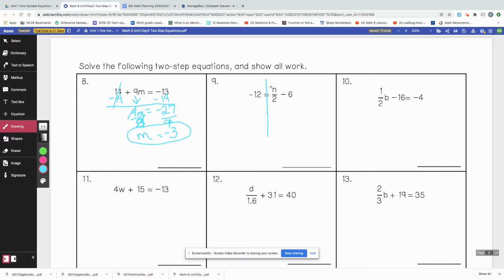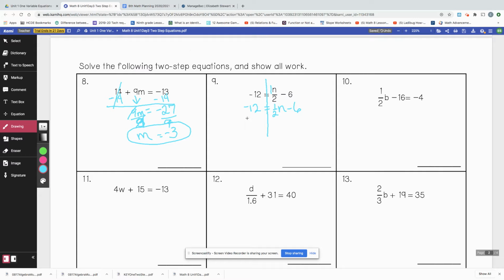Notice that's a 1n divided by 2. And I really like for students to think of it as 1/2 times n minus 6. So that's one way to think about it. Your parents, tutor, or siblings might teach you another way, and that's perfectly fine.